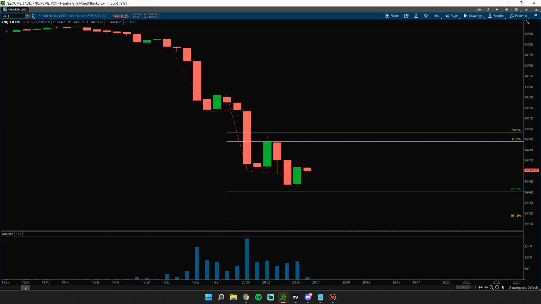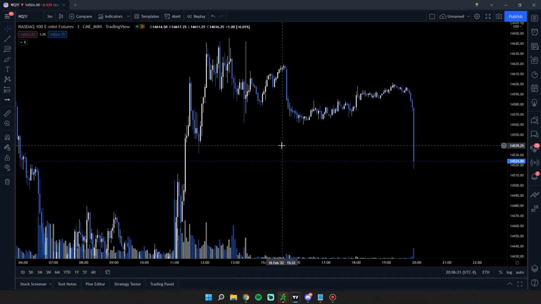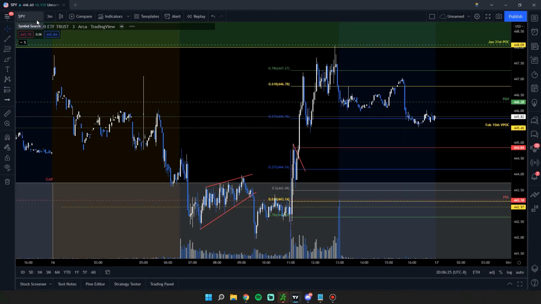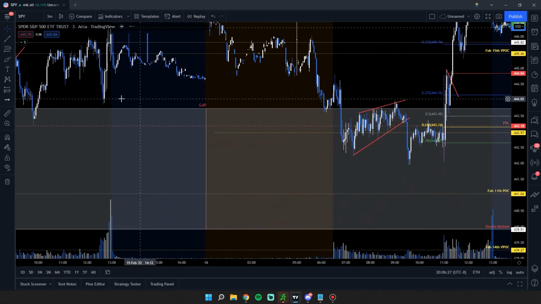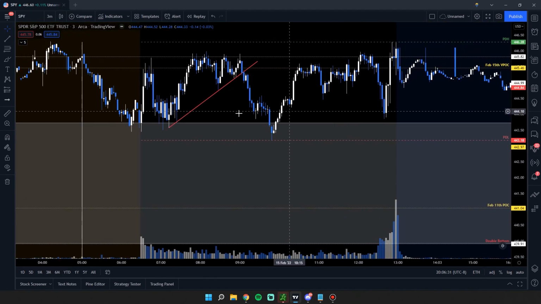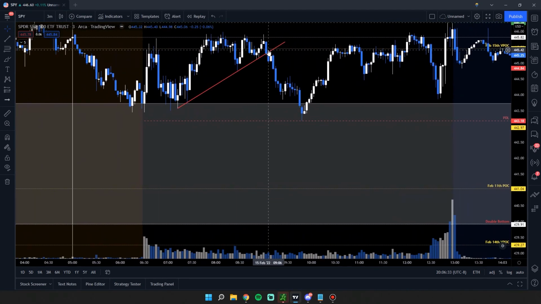Like me, I'm a profitable trader. And if we look at my SPY chart from the other day, I think this is a great example. I did not enter a trade until 9:06 in the morning.